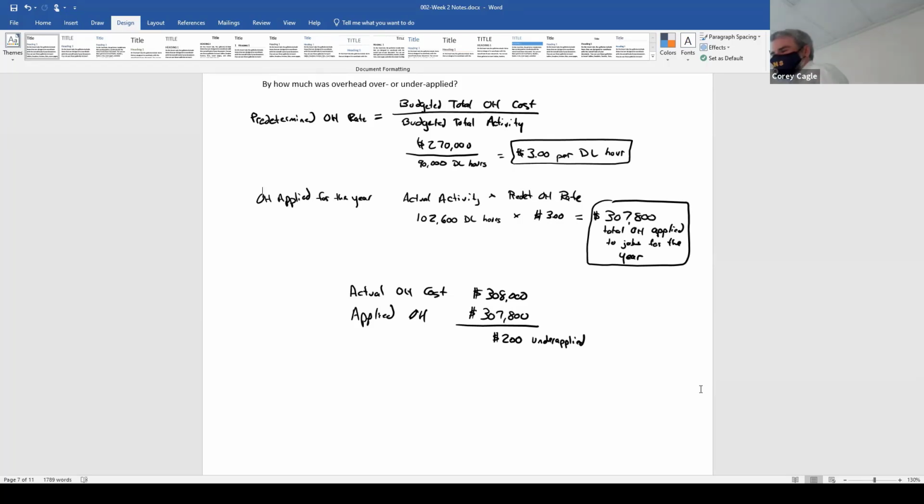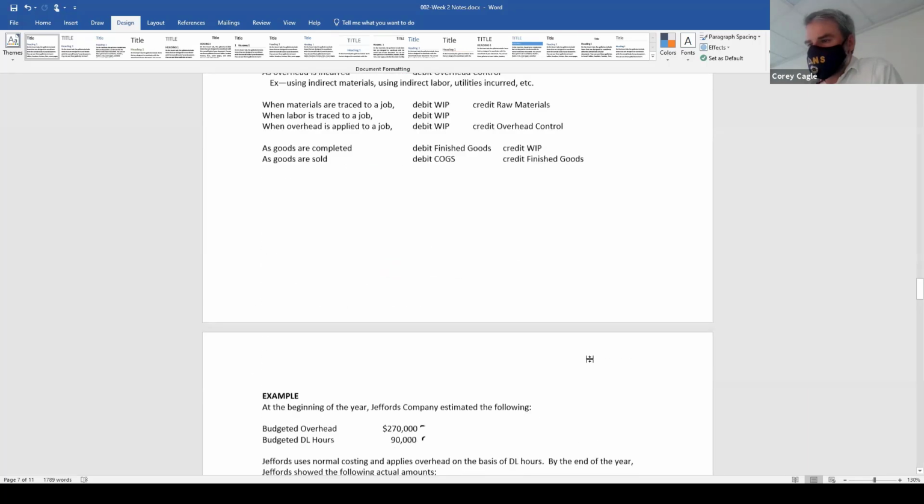That was what he would say to make correcting entries or adjusting entries. We would adjust cost of goods sold to bring everything where it should be. So cost of goods sold is understated. We would debit it for $200 and be fine. So let me bounce back up here to the notes.